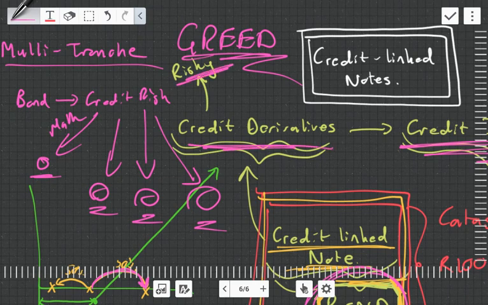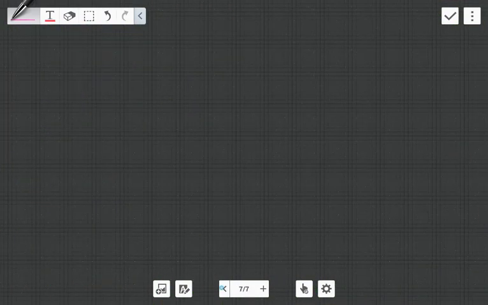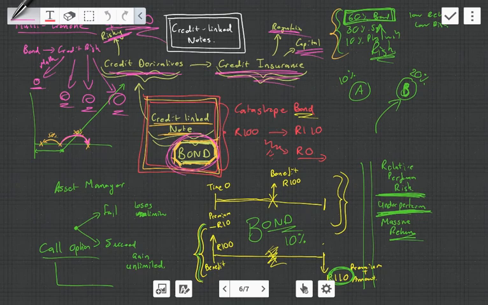So we can start to see that even though we set up these really good rules of, okay, this is the investment strategy, your asset managers cannot deviate from this, there is a way to go against it by using the definitions.